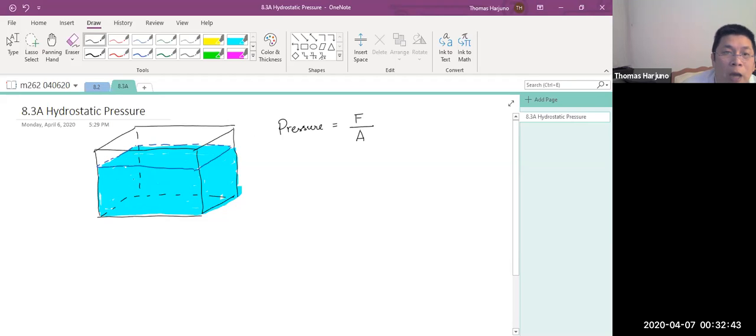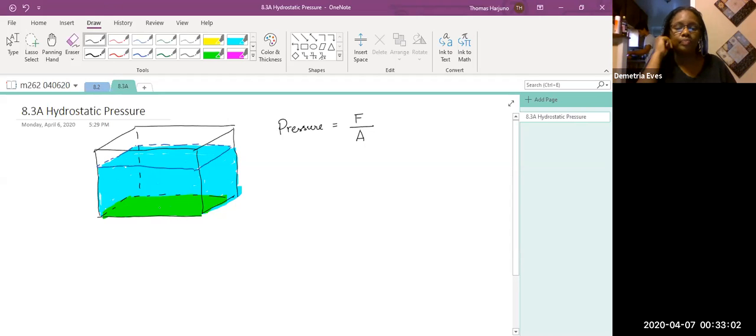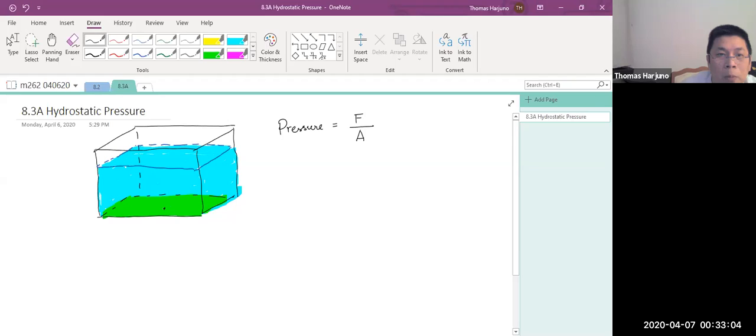So let's say I want to find the pressure experienced at any point on the base of this pool or this box here. Then the pressure at any point of the base of the pool will be equal to the amount of force divided by the area of the base.